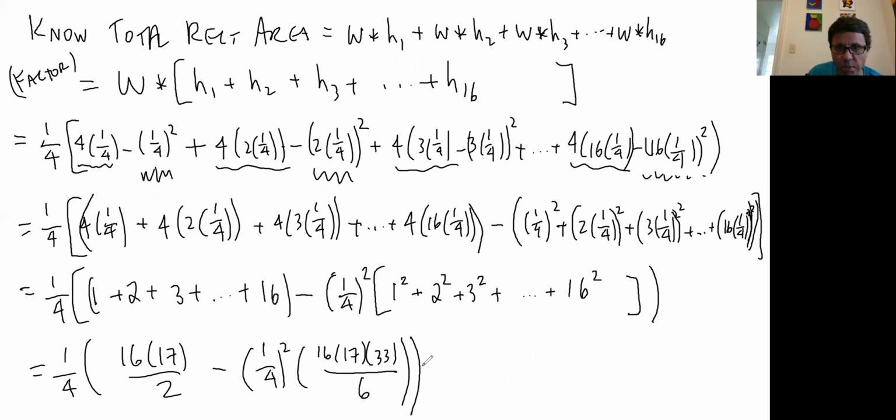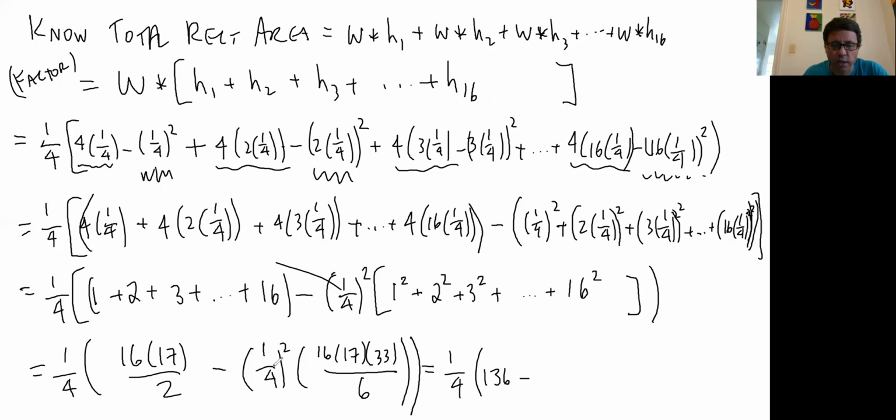So what does this turn out to be? We do have to do a little bit of calculation. 16 times 17 divided by 2. I do have my calculator here, so I'm going to go ahead and use that. 16 times 17 divided by 2, that is 136. So it's just 8 times 17. The next one here, let's see.